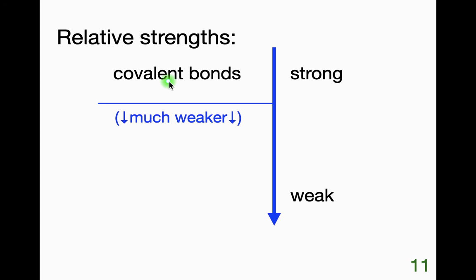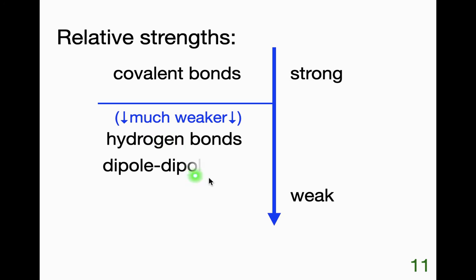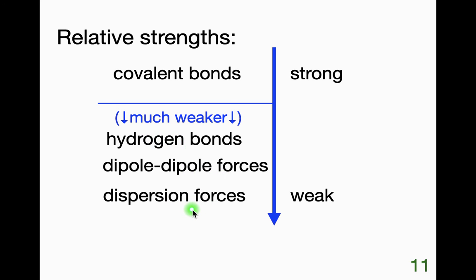Covalent bonds are light years away from the very, very weak intermolecular forces between atoms. Maybe I overstated that, but I'm trying to make the point. So covalent bonds are strong, and as we go down, the next would be hydrogen bonds, again much weaker than covalent bonds, and then dipole-dipole forces, and then the weakest of all, dispersion forces.